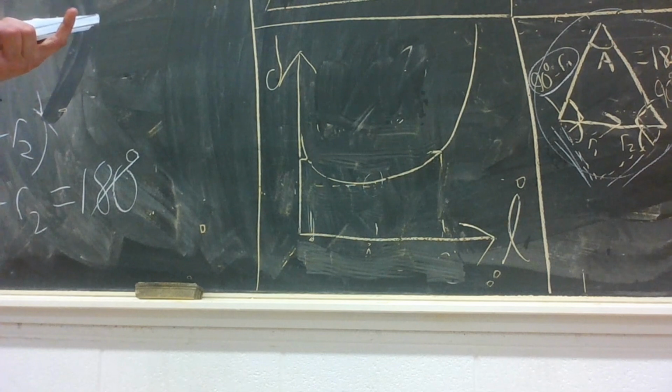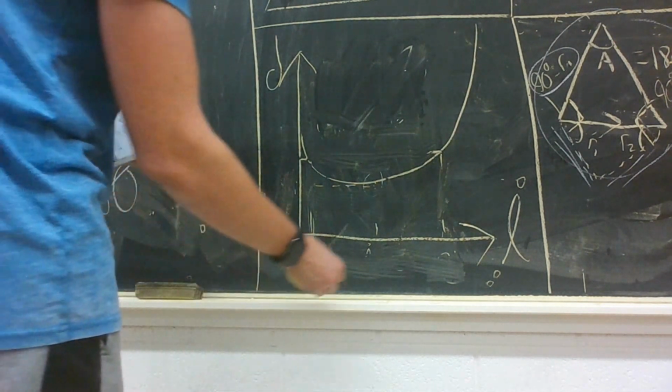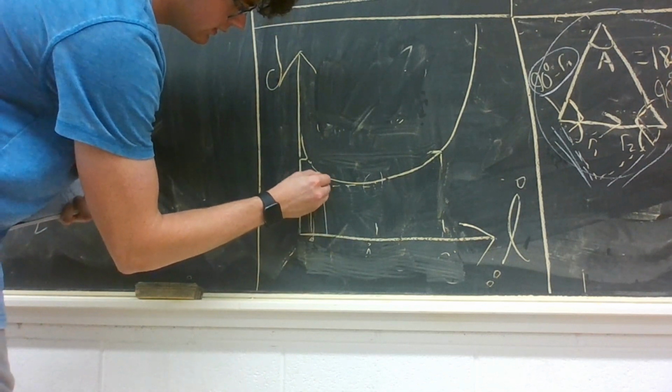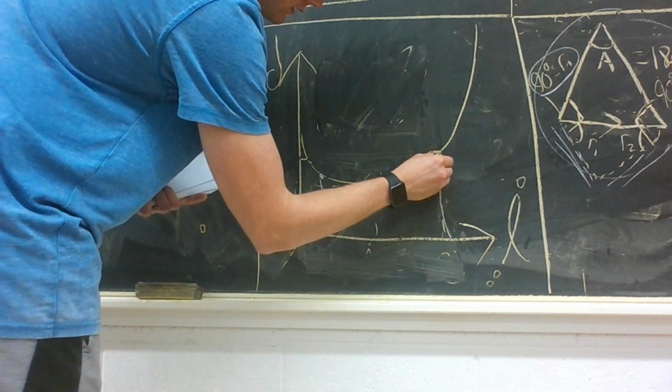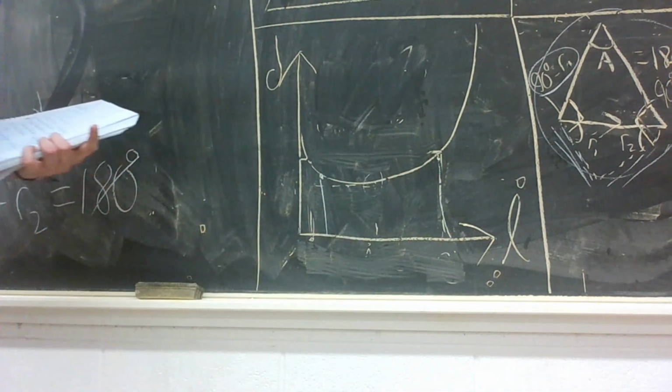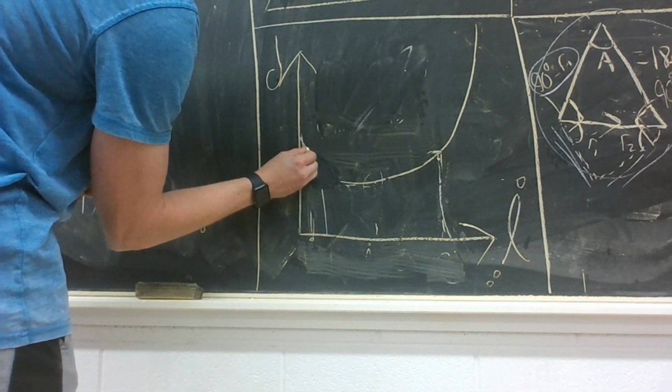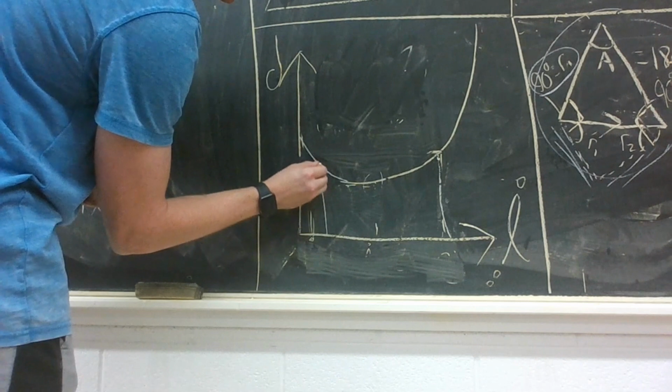What we can see on this graph is that if we draw 2 points up, right here and right here, I'm trying to draw it so it's equal in height.